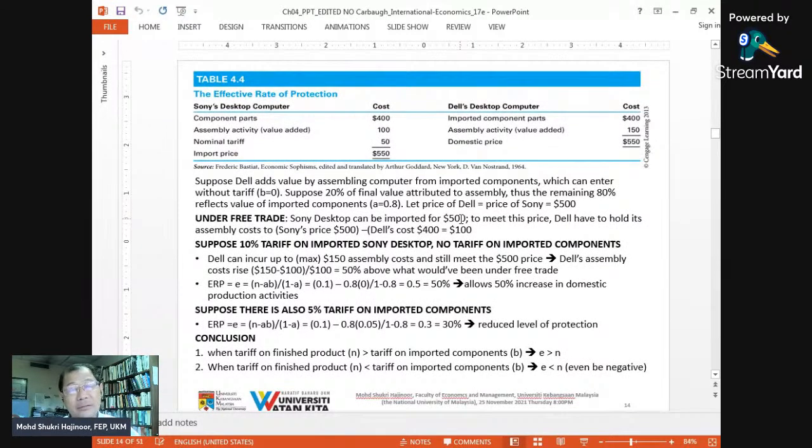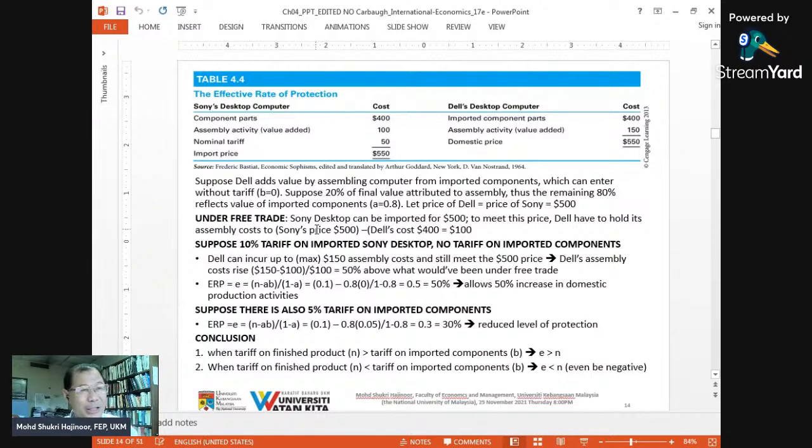Let the price of Dell equal the price of Sony in the global market, 500. Under free trade, a Sony desktop can be imported for 500. To meet this price, Dell has to hold its cost to Sony's price, 500.